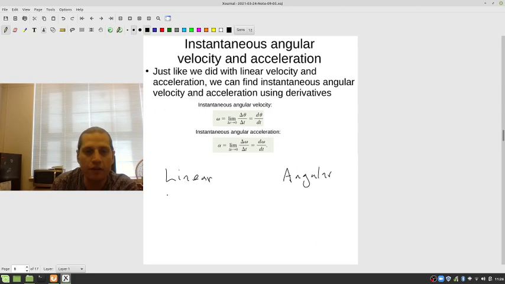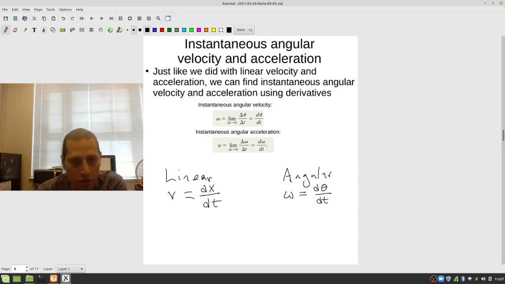If I wanted to find my speed, I would just take the derivative of the position of an object with respect to time. If I want to find my angular speed, so that's going to be my omega in terms of radians per second, that's going to be the change in my angular position with respect to time.